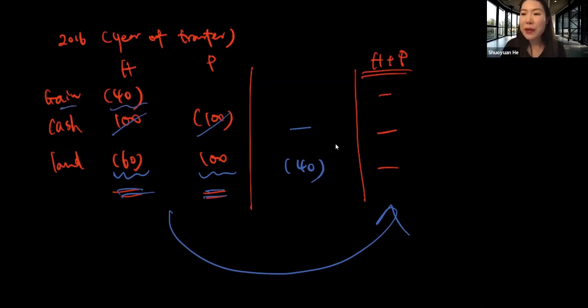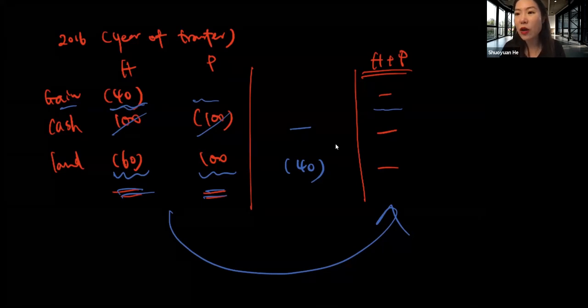Because of this transaction, Hastings is able to recognize 40,000 gain on its book. Patrick didn't sell the land, so there's no income effect for Patrick. If you look at two firms as one firm, it hasn't sold the land yet, so no gain or loss should be recognized. So this 40,000 gain is an overstatement.